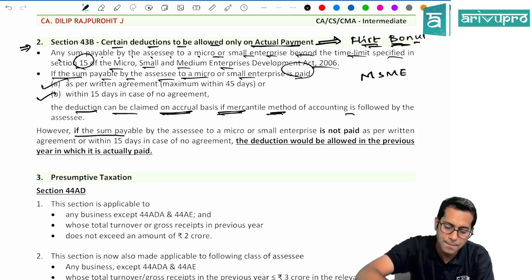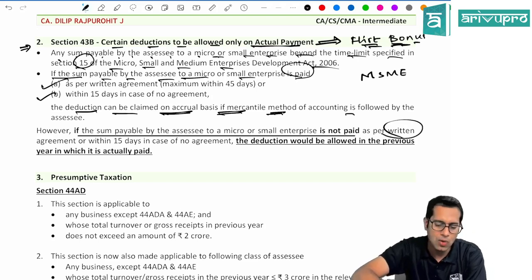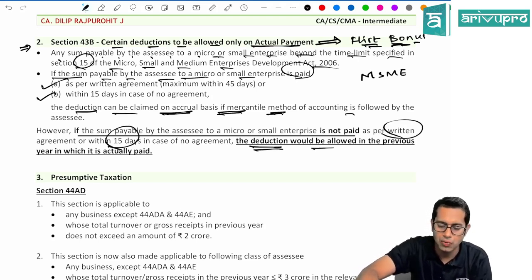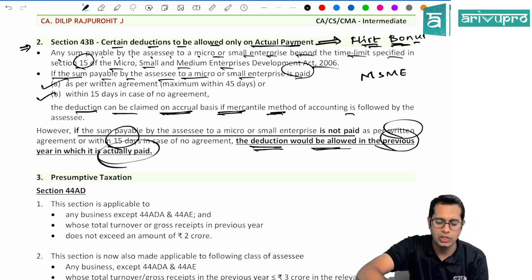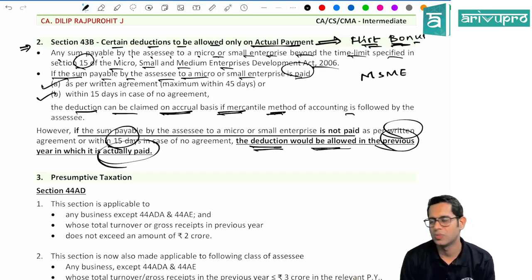However, if it is not paid within the agreed time or within 15 days, then deduction will be allowed only when it is actually paid. That is what this point is telling.